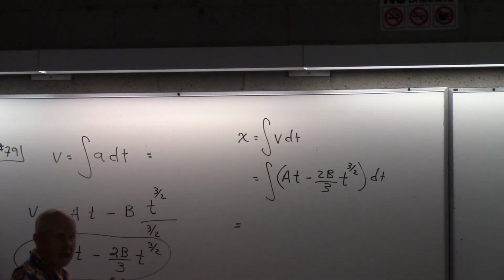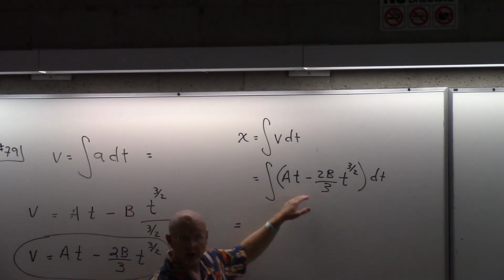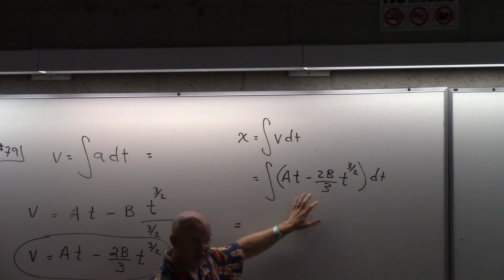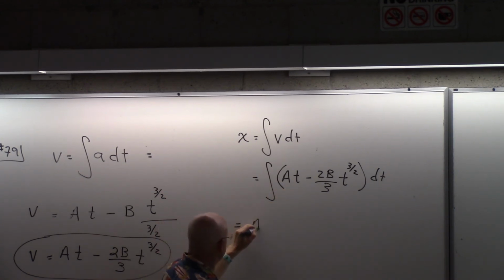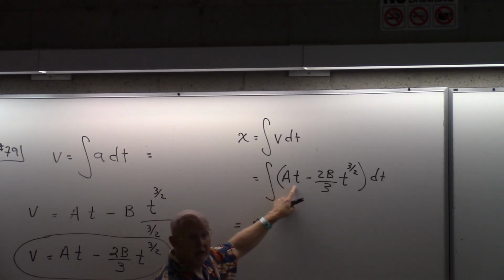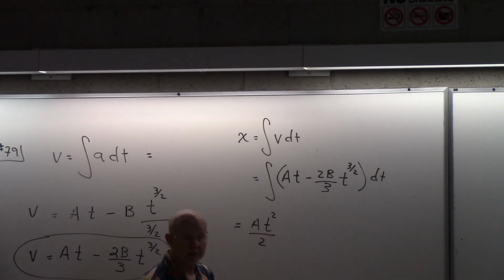And in the interest of time, unless you want me to write all this out, can you see that this is really two integrals? So I'll save a little time and not write them as two, but I'm going to look at this one. What would be the integral of this one? What would you do with that A? Pull it out, and then you'd add the integral of t. So what would that become? So it'd be t squared, right? You add 1 to the exponent and divide by that new exponent.